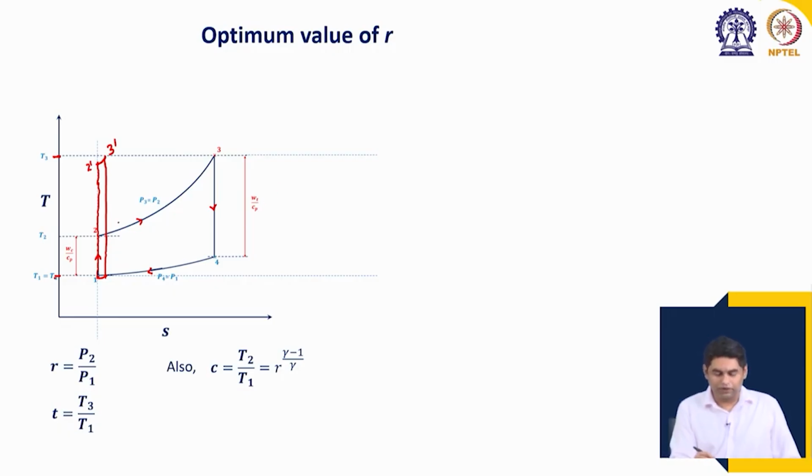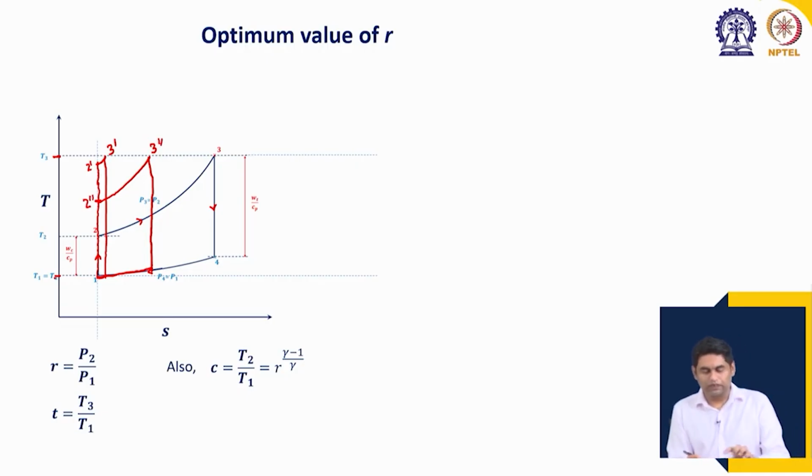Similarly, if we keep on decreasing the compressor pressure ratio to an intermediate value like this, the area will increase and we get a cycle like this. Let us say this is 2 double dash, this is 3 double dash.